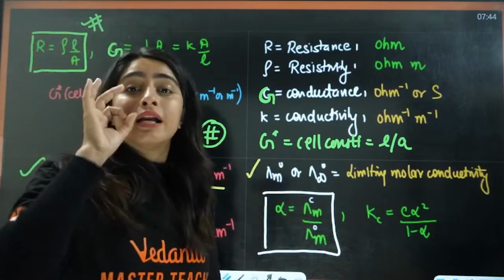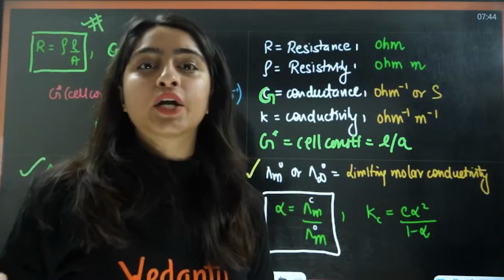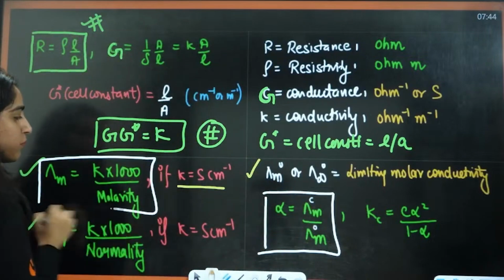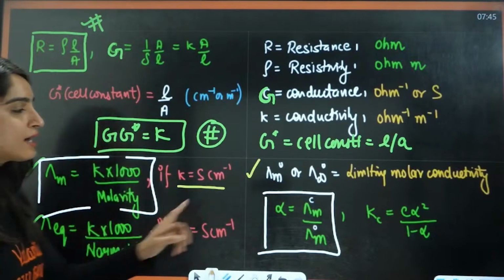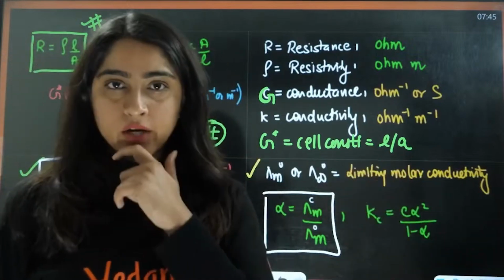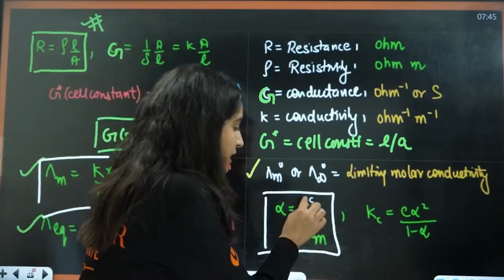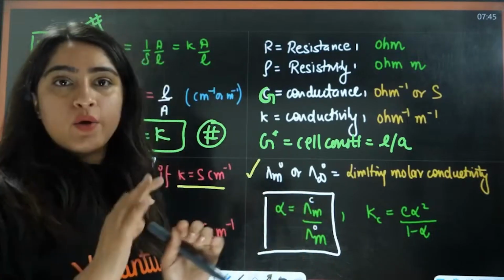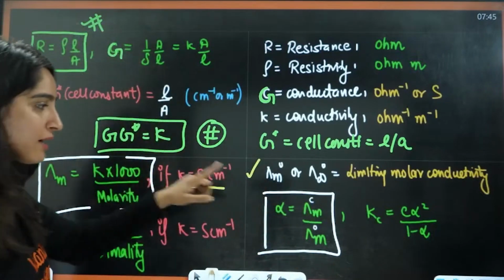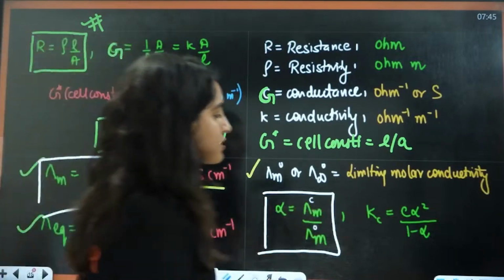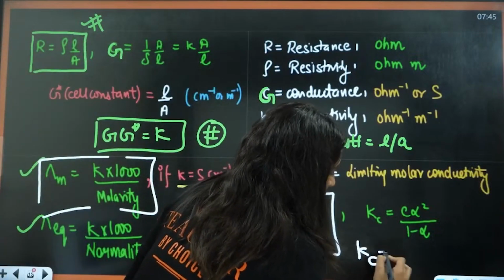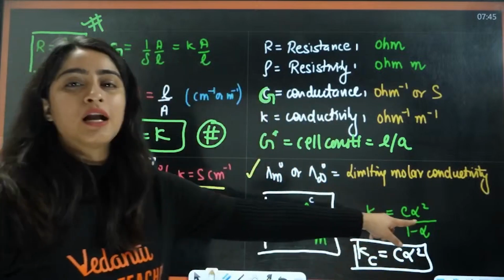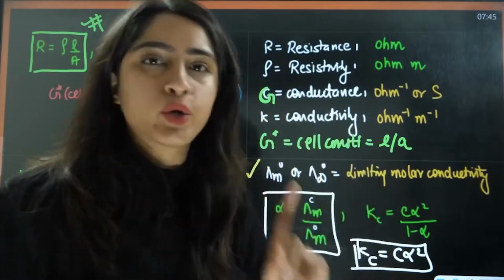Alpha is equal to the molar conductivity at concentration C, which you find from this formula, kappa into 1000 by molarity, divided by the limiting molar conductivity. Also, the dissociation constant is equal to C alpha square. Ignore the 1 minus alpha part, because alpha is very small as compared to 1.